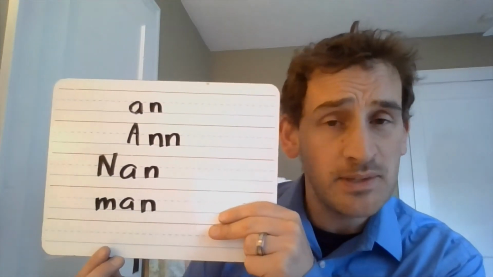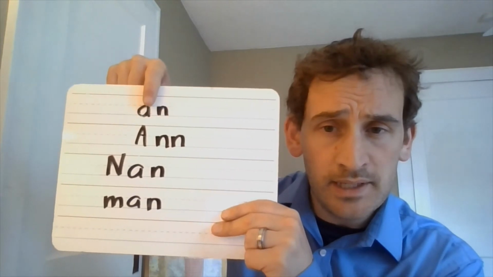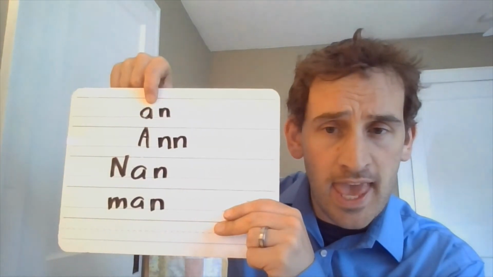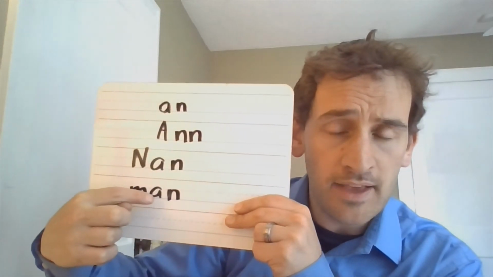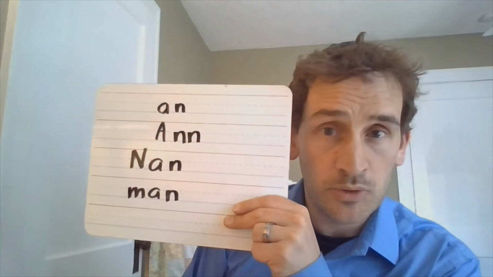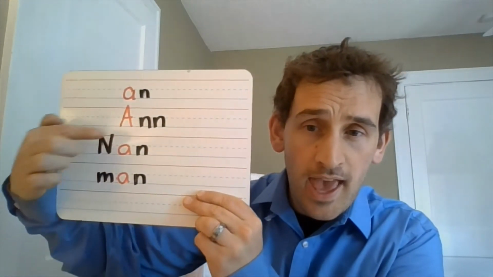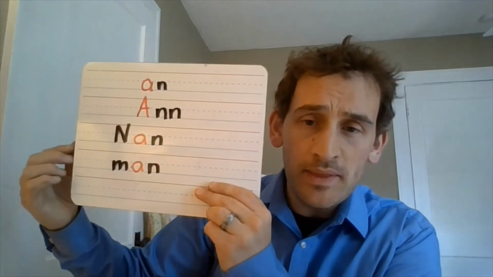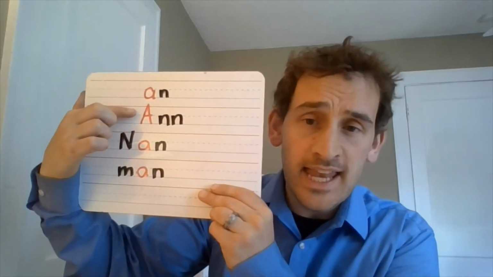Now let's talk about some of the names that come up in the story. So, just looking down this middle line, you can see that it says 'an' and 'An'. Do you want to see it more clearly? So you can see that they all make the same sound. Even though this one is an uppercase A, it's still an 'a'.